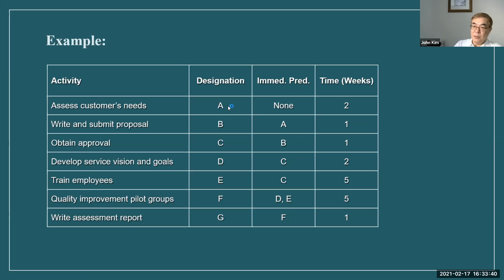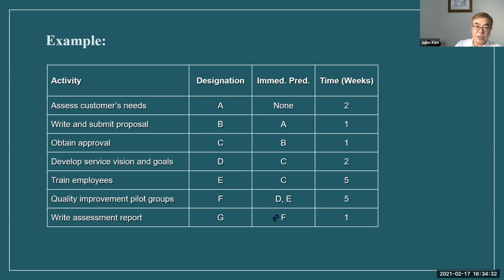Not necessarily only one starting point, maybe two or three. If activity B had no immediate predecessor, then B would also be a starting point. But in this example, there is only one starting point, and B starts after A. So it shows the sequence. After A finishes, B can start. Then C after B, D after C, E also after C, and so on.